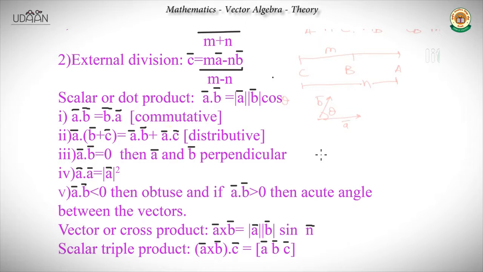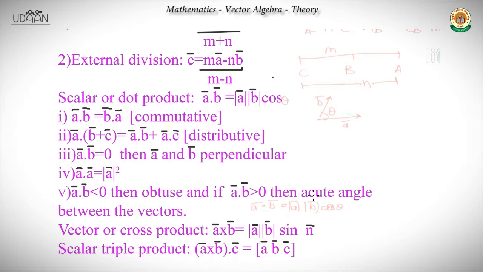If a bar dot b bar is less than 0, then the angle between them will turn out to be obtuse. Let's check how. a bar dot b bar is equal to magnitude of a into magnitude of b into cos theta. But magnitude of a and magnitude of b are positive values.